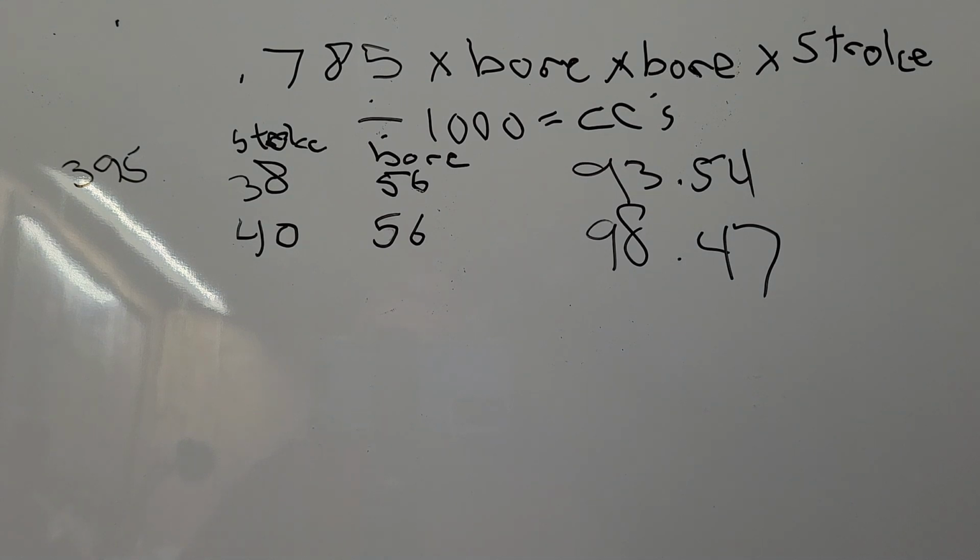That's our CCs. We have 98.47 CCs by using a 2100 crank and a 394 or 395. Let's call that, you gain 5 CCs.